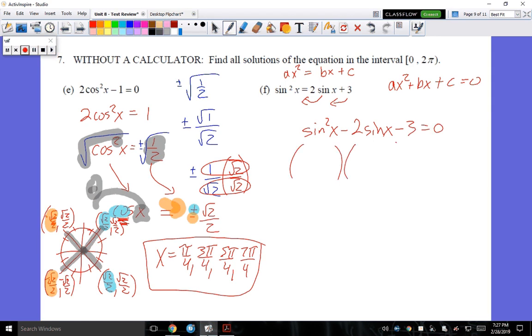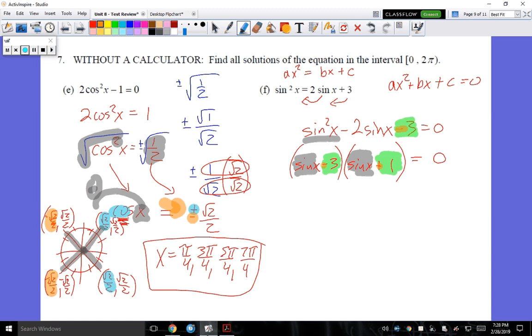Now, from Algebra 2, with factoring skills, I know that these first two terms are going to multiply to give me sine squared. So that'll be sine of x and sine of x. Furthermore, I know that these last two terms in these binomials will multiply to get me a negative 3. So we can say 3 and 1, where the 3 is going to be negative and the 1 is going to be positive, because a negative times a positive is a negative.